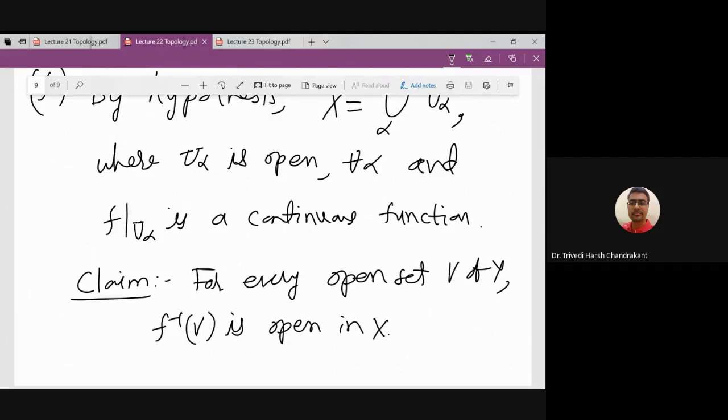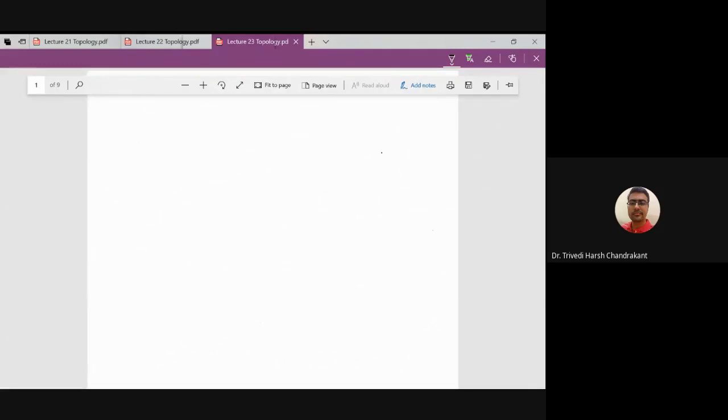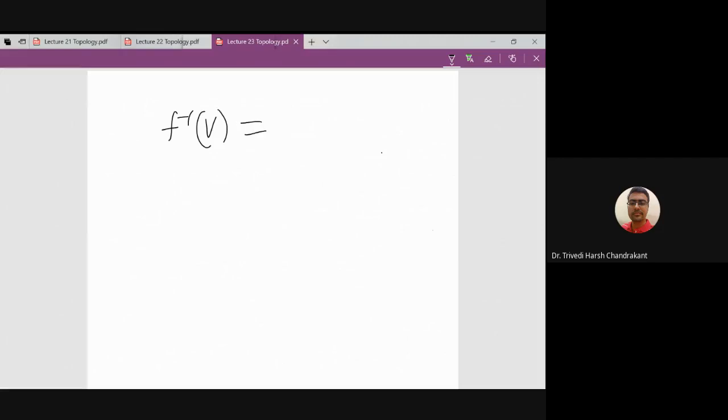Right. So now what is F inverse V? I can write F inverse V as X intersection F inverse V, because X is a domain, it is a universal set, and F is a map from X to Y. So every set I can write as an intersection of the bigger set with itself.